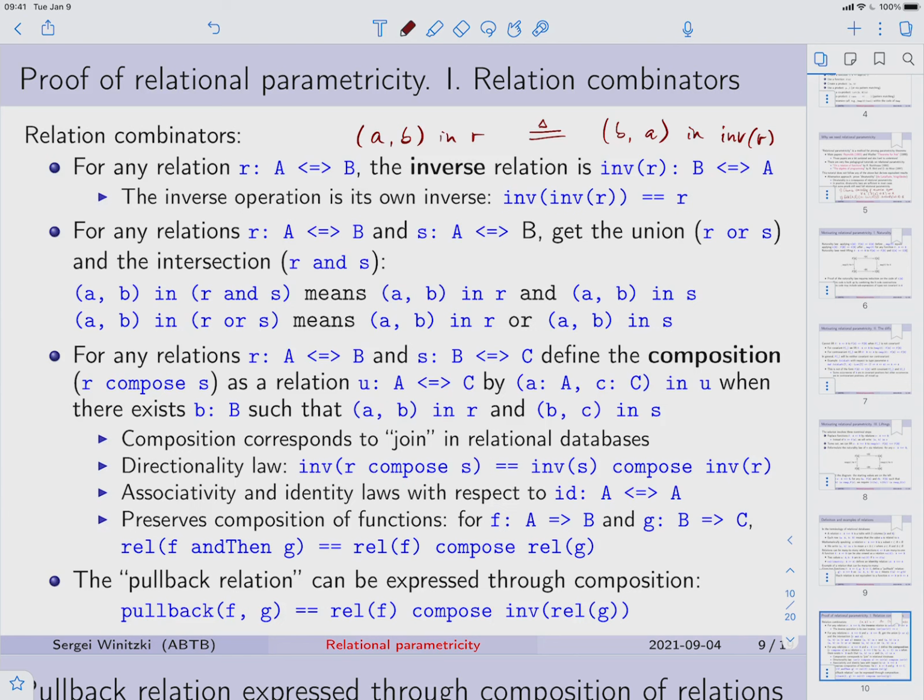So this operation does not lose any information. So any relation A to B, you can invert it. It contains exactly the same information as the initial relation.